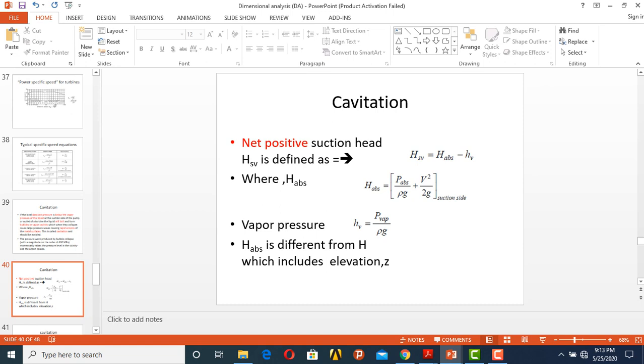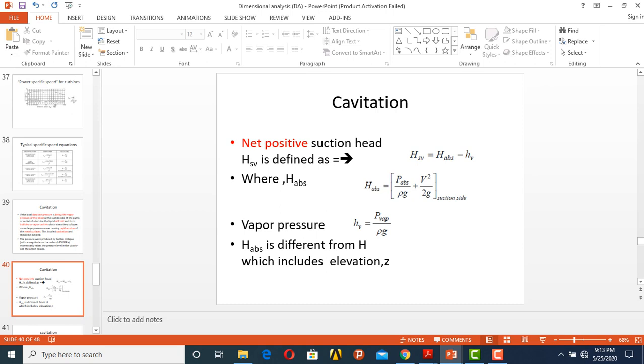If the suction pressure, the pressure at the suction point, is lower than the vapor pressure of the fluid, then cavitation will take place. Hence, we bring in the net positive suction head to take care of cavitation. If the suction head is greater than the vapor pressure, then you experience little or no cavitation.